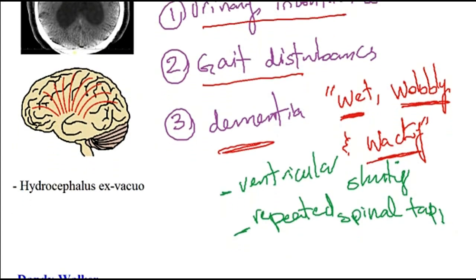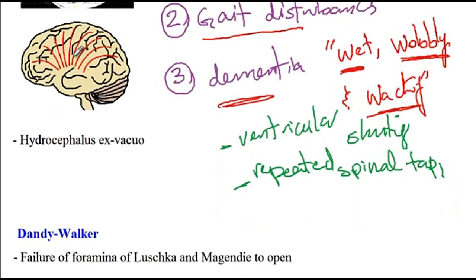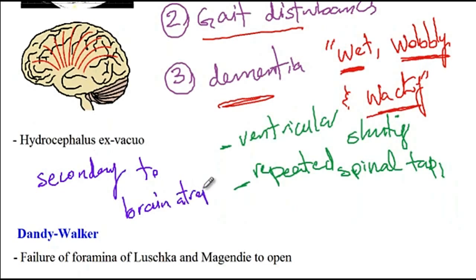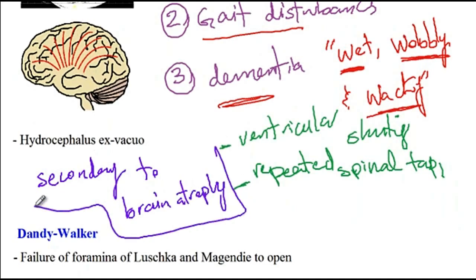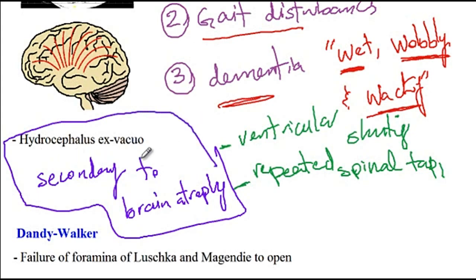The next and final form of hydrocephalus is called hydrocephalus ex-vacuo, where there is dilation of the ventricles secondary to brain atrophy, which can be, for instance, from trauma, Alzheimer's disease, or surgery. And so once again, the intracranial pressure is normal in patients with hydrocephalus ex-vacuo.